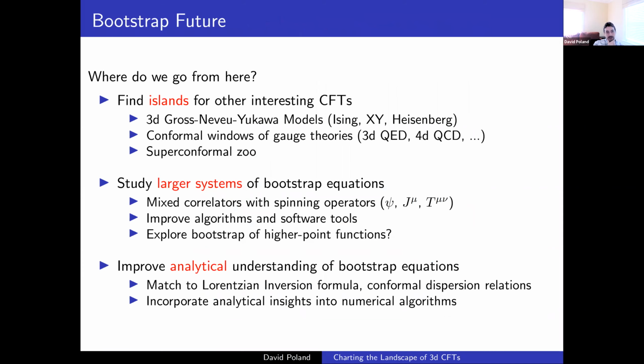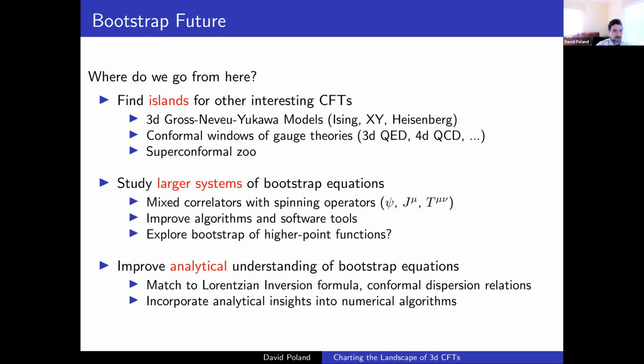I'm interested in these fermionic models. Another important target that I'm working on, but we don't completely have satisfactory results yet, is studying gauge theories using the Bootstrap. So we're looking at 3D QED and eventually 4D QCD in their conformal windows.